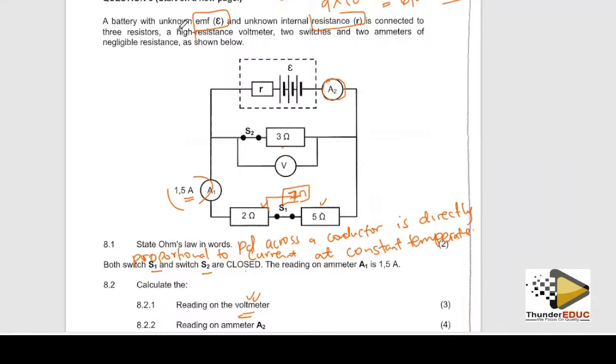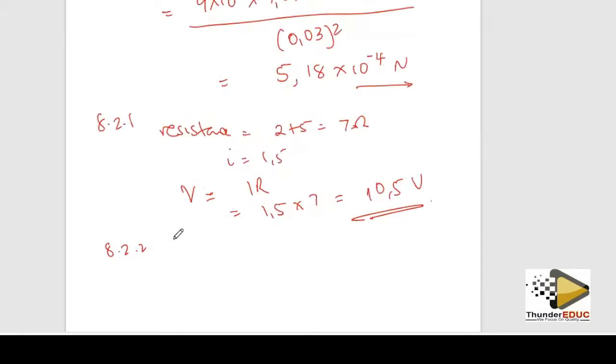Okay. Now we know that this 7 ohm, if we combine these two and we get one single equivalent resistor, the 7 ohm and the 3 ohm are going to be in parallel. Since we know our voltage as 10.5 across, we need to get the effective resistance of the circuit.